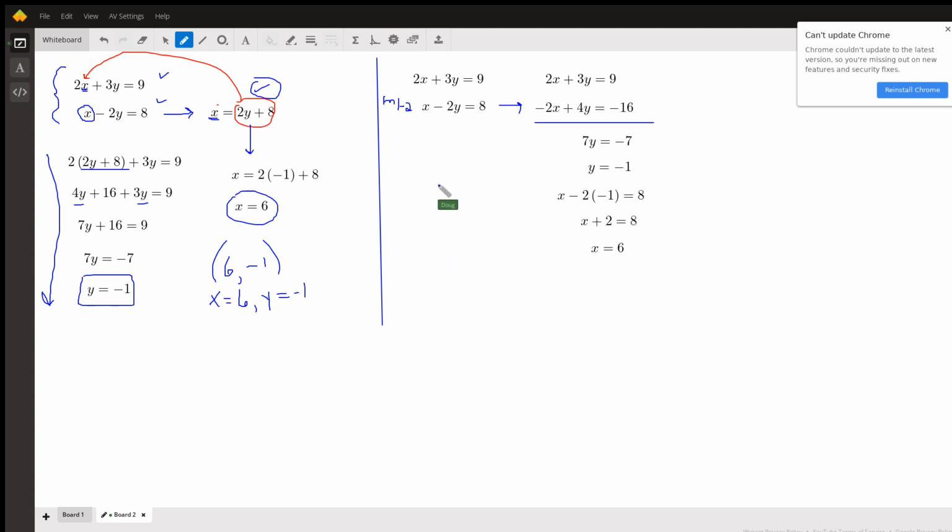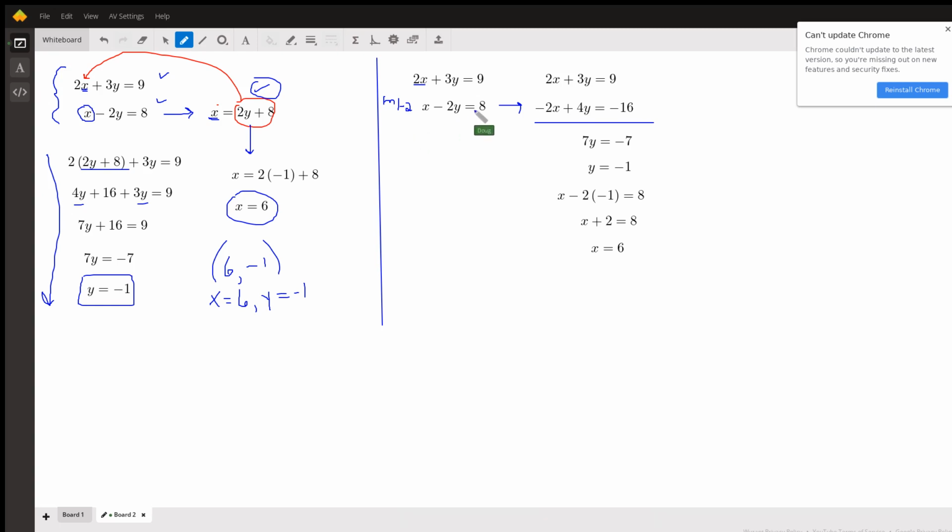And here's an example of using addition elimination. The idea is to somehow get opposites in front of one of the variables so that when you add the equations together, that variable disappears. And so I can multiply the second equation, every term, by -2, and I will see that I have opposites in front of the variable x.